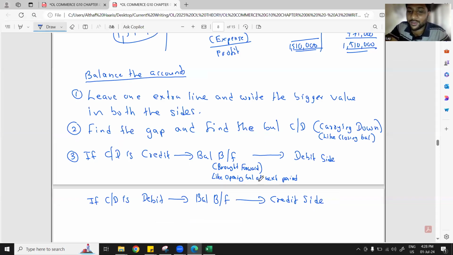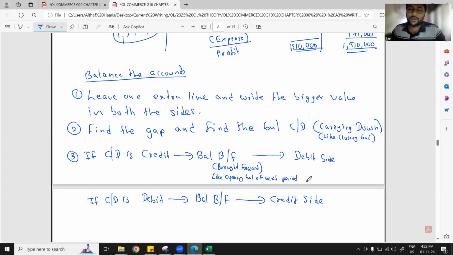Brought forward is like the opening balance of the next period. So this year's closing balance is next year's opening balance. Now, at the end of 31st December, you have 10,000 inside your wallet. 1st January is coming. Still inside your wallet, you have 10,000. So that's what I told.